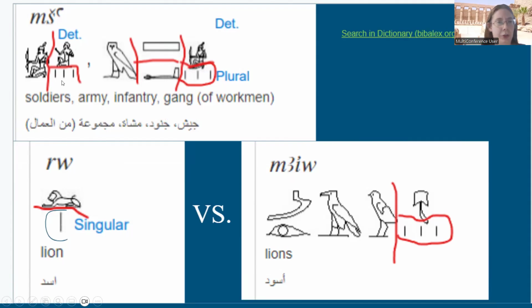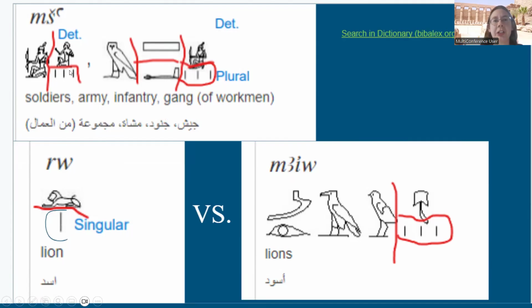The second thing to note is that this is not a soldier, not an infantryman, but soldiers, an army. So it's plural, it's multiple people. And one of the tells for nouns, if they're plural, is that towards the end of the word, they have these at least two, but sometimes three dashes.